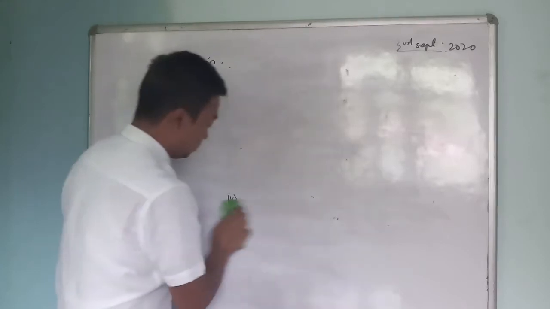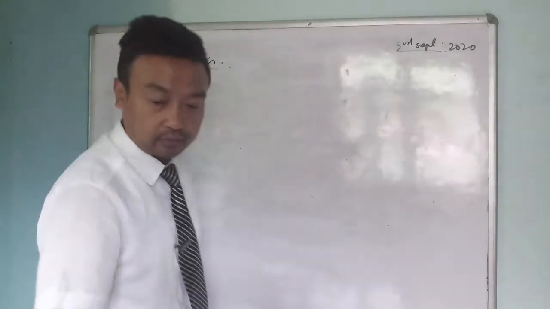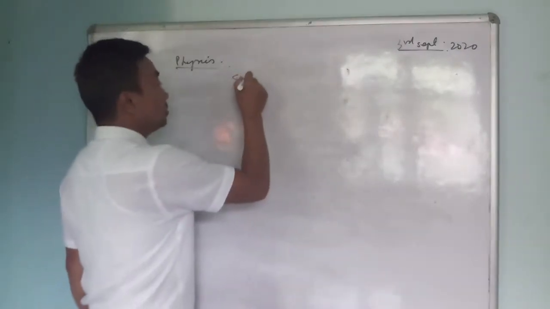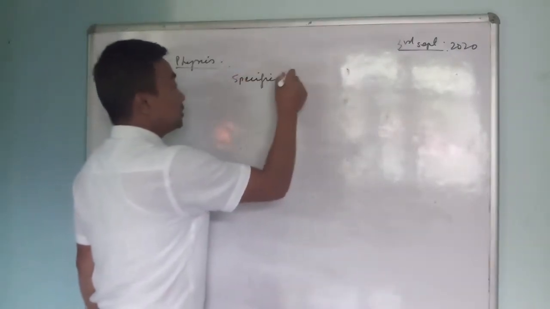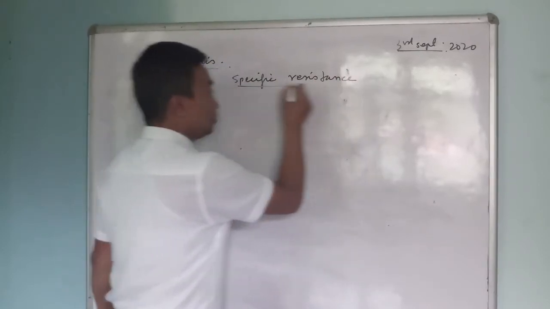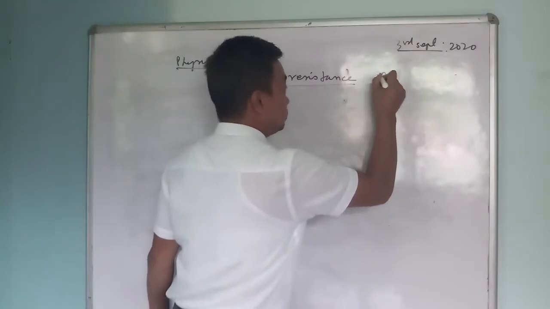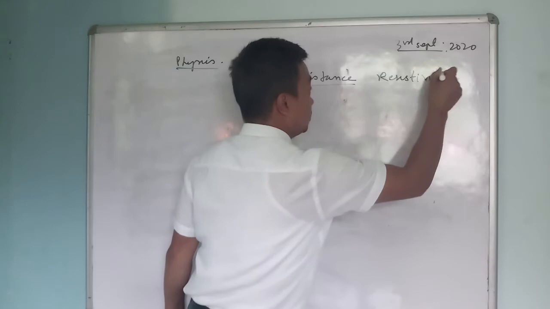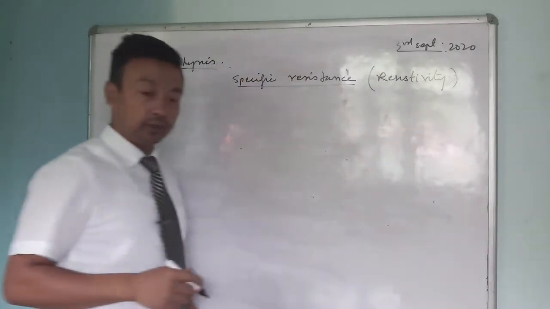The specific resistance of a wire, it is also called the resistivity.